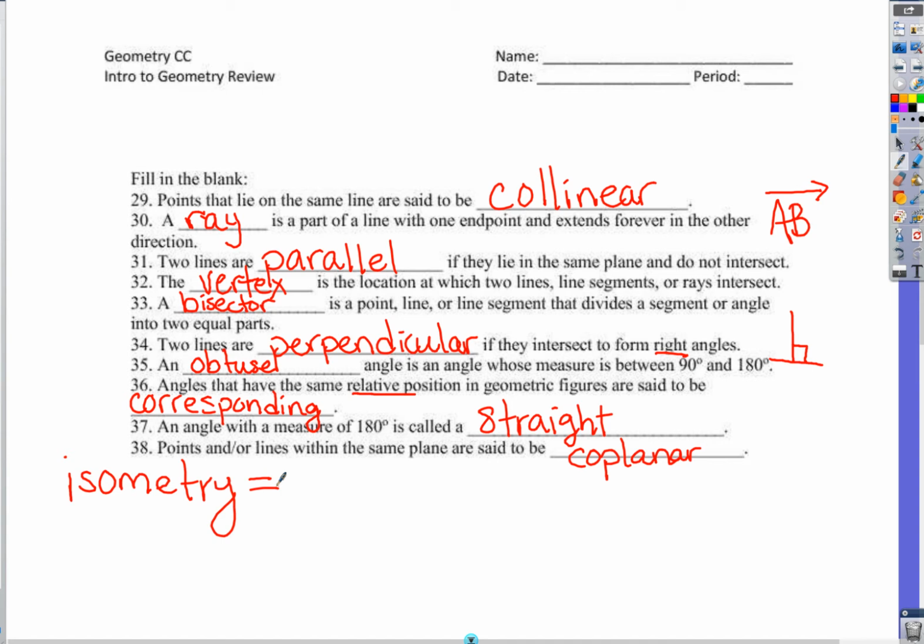If something is an isometry, it preserves size and shape. So as Lily had just said, you're going to have two congruent figures. And that is our symbol for congruent. Make sure you know that symbol. We're going to be using that symbol all through geometry, and it does indeed mean congruent.